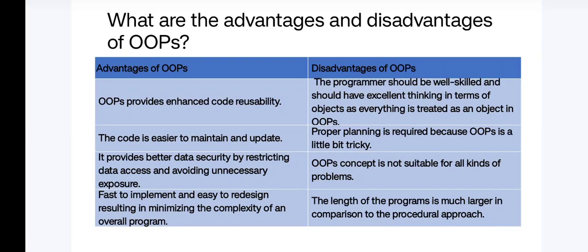Next, in advantage of OOPS, the code is easier to maintain and update. Why are we saying this? It's easier to maintain and update because it works in objects and classes. For any particular class, if you want to make any changes or updates, you can do it just by going to the class itself.